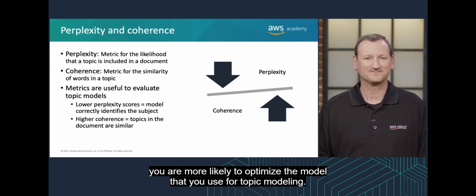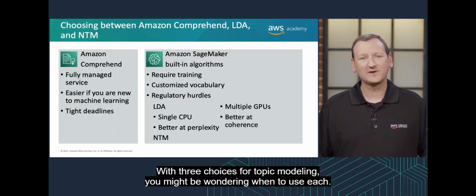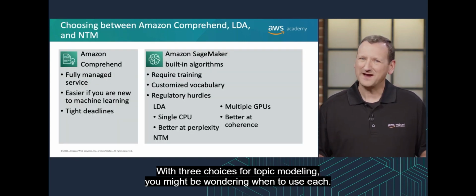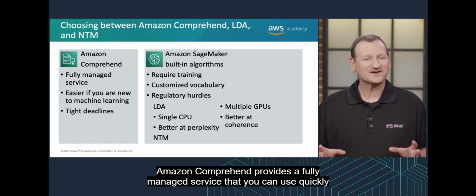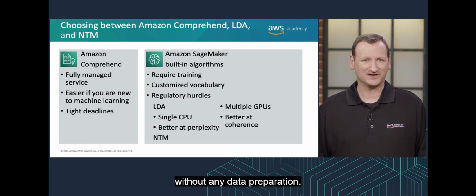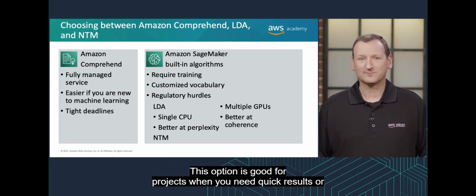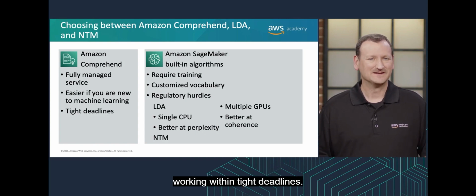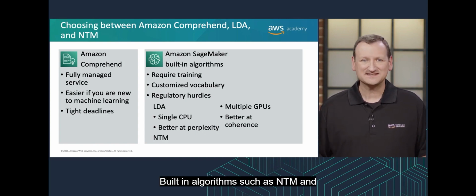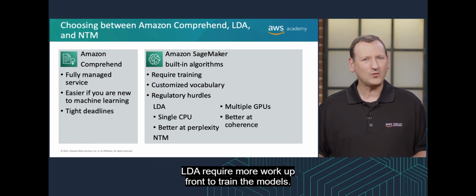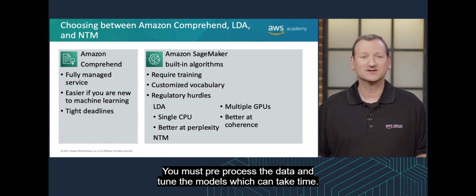With 3 choices for topic modeling, you might be wondering when to use each. Amazon Comprehend provides a fully managed service that you can use quickly without any data preparation. This option is good for projects when you need quick results or are working within tight deadlines. Built-in algorithms such as NTM and LDA require more work up front to train the models. You must pre-process the data and tune the models, which can take time.